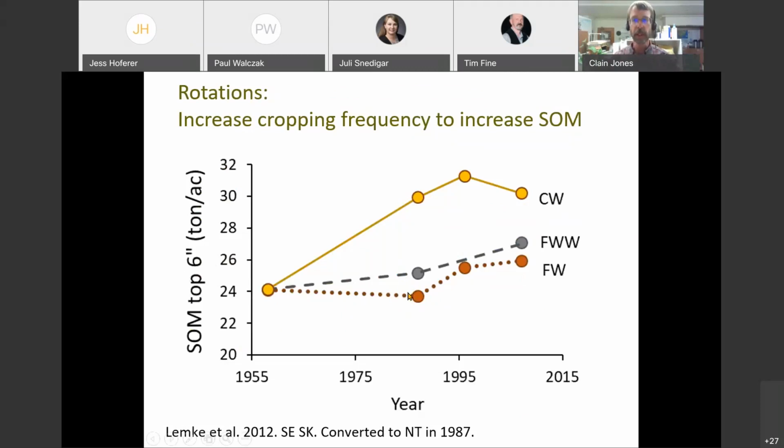The orange line here is fallow wheat. The purplish line is fallow wheat, so more intense. And then continuous wheat is in yellow, this top curve. So notice by increasing the cropping intensity from fallow wheat to fallow wheat, the soil organic matter goes up a little. By moving to continuous wheat, it actually goes up substantially.